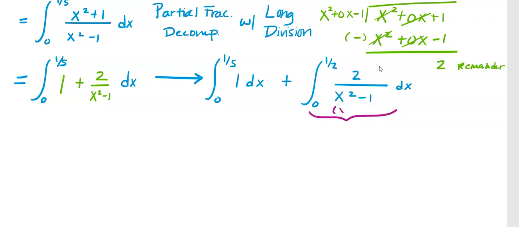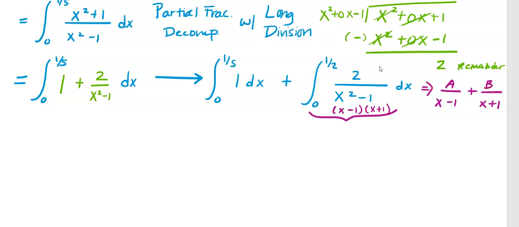I would have x minus 1 and x plus 1. So that's how I'm going to break apart the two fractions that I have for my partial fraction decomposition. So one of them is going to be x minus 1, and one of them is going to be x plus 1. And I will have an a and a b.